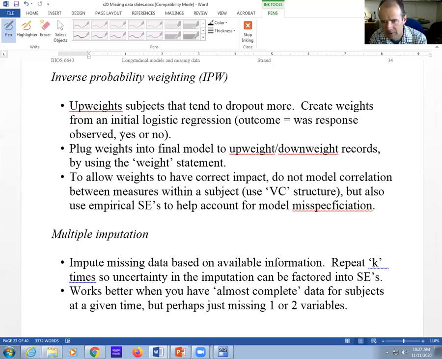I wouldn't necessarily say yes, it does for sure, but I would say when you use the weight statement, you have to be careful about adding correlation, because then the weights are not going to have the impact that they're supposed to have. So you need to evaluate it. I don't know of a method to do this other than simulation. Use simulation to figure out whether to include the correlation parameters or not.